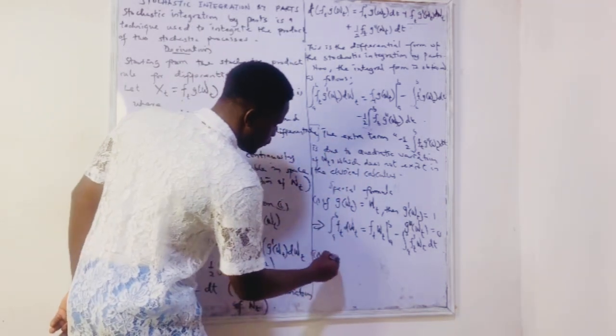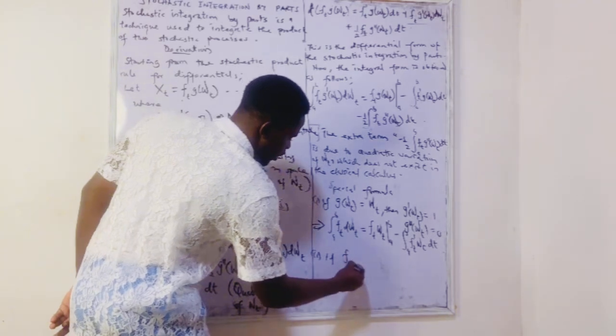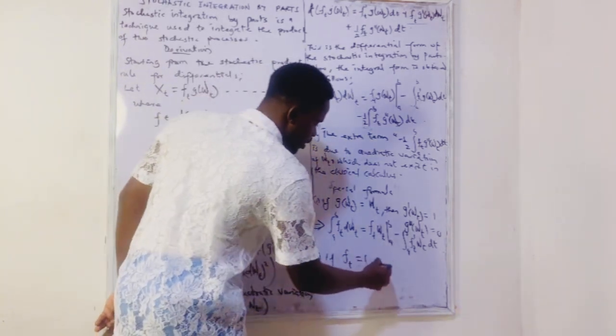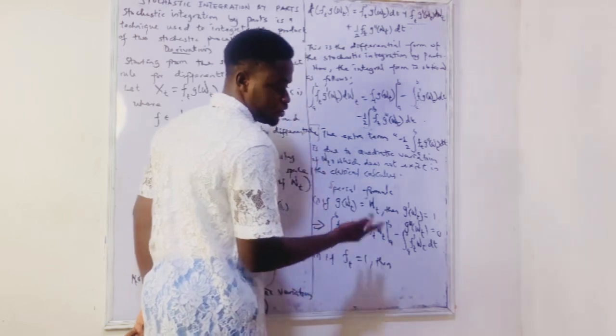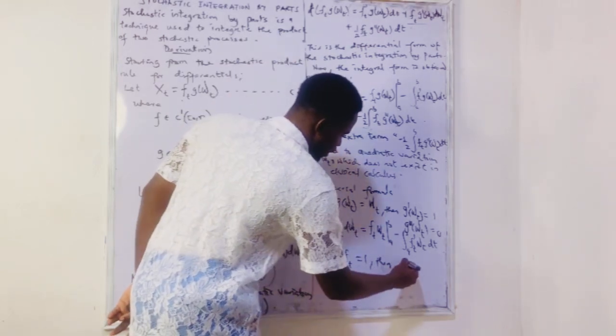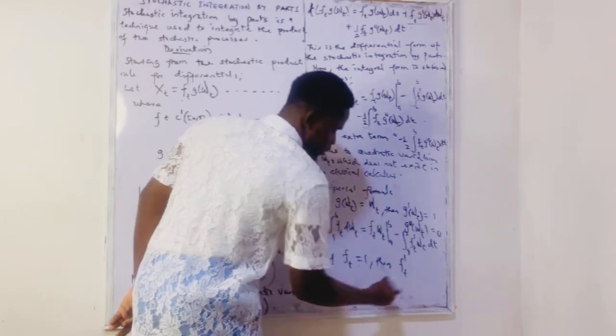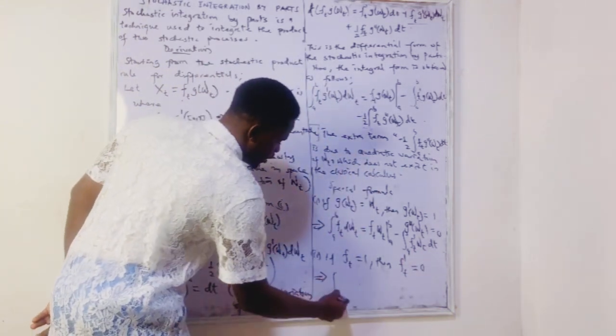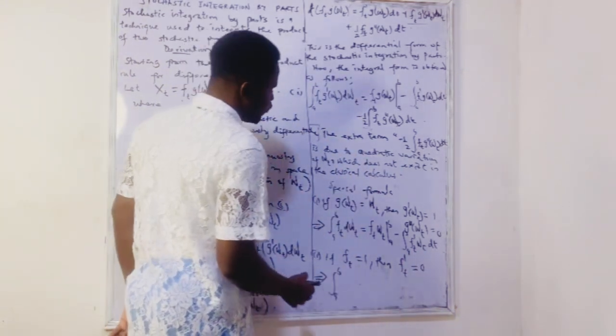Another one is if we consider f of t to be equal to 1, then don't forget that f is once differentiable. So we only need to find f' of t, which is simply 0. And then realize that our formula now will become integral from a to b.